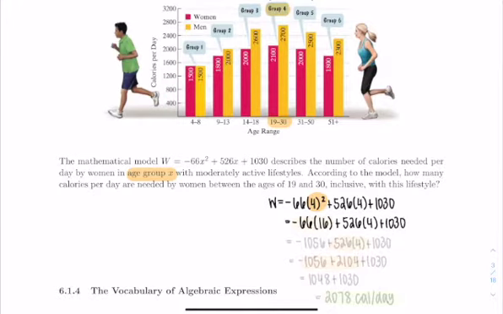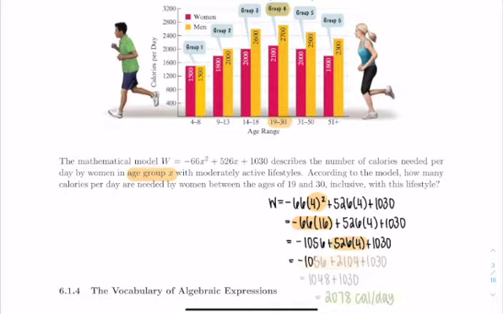Then I want to simplify my first multiplication, which is negative 66 times 16, and that gives me negative 1056. I want to simplify my next multiplication, which is 526 times 4.